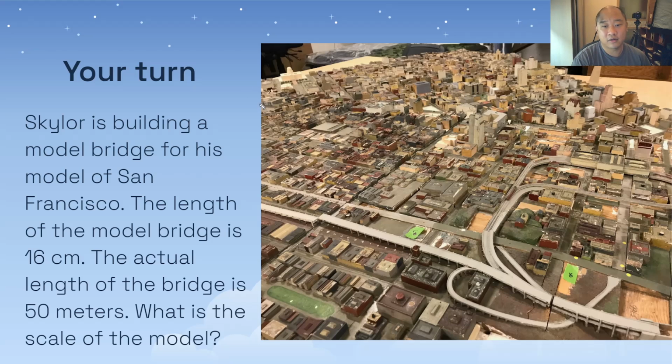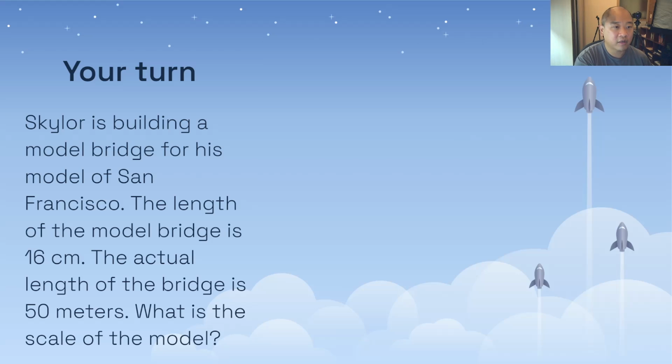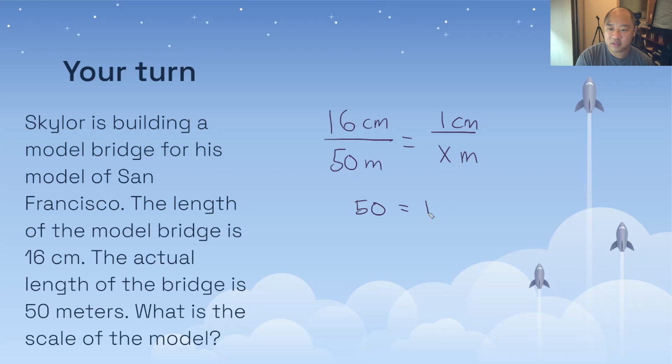Welcome back. I think there's another slide here that gives me some space to draw. There we go. So the bridge is 16 centimeters, and in real life it's 50 meters. We want it to be 1 centimeter over some amount of meters, so that's 50 equals 16x.